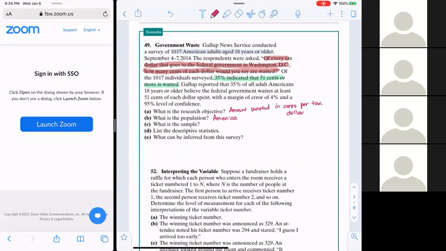And what is the sample? The sample would be the 1,017 American adults (18 years or older).